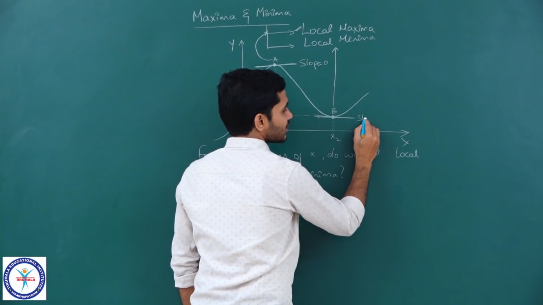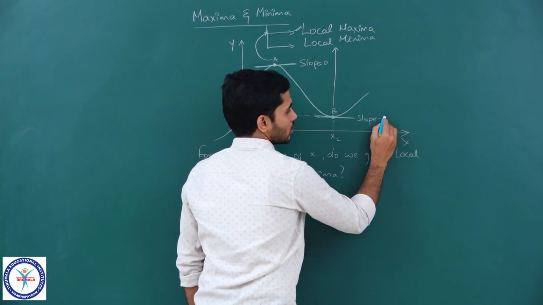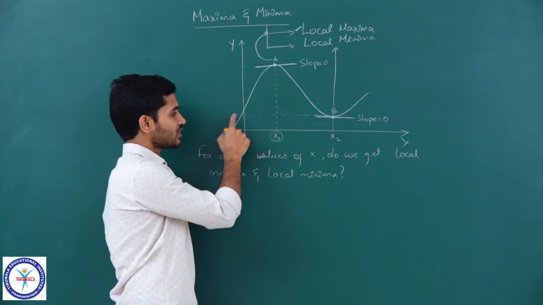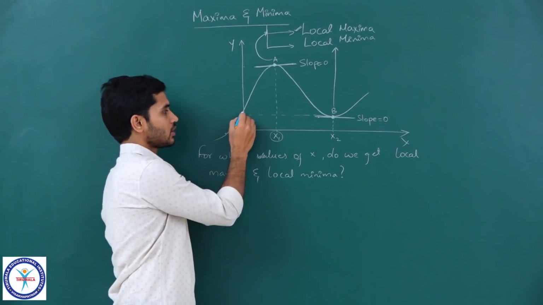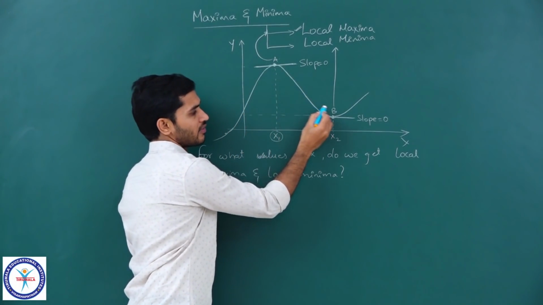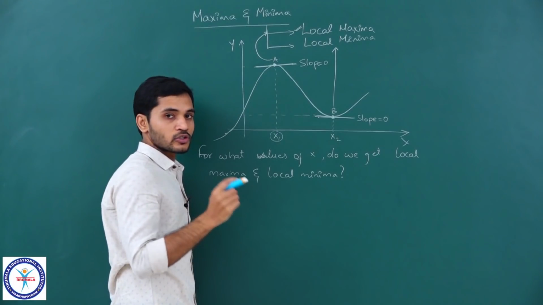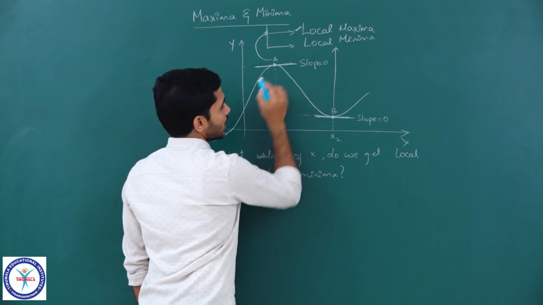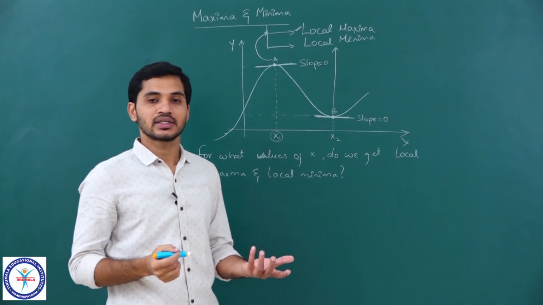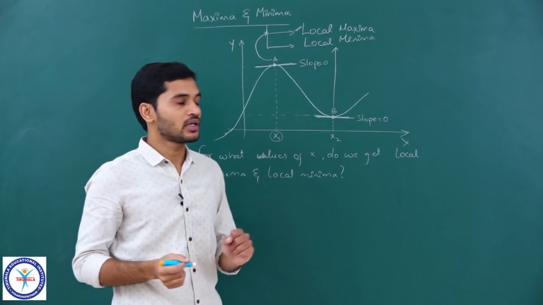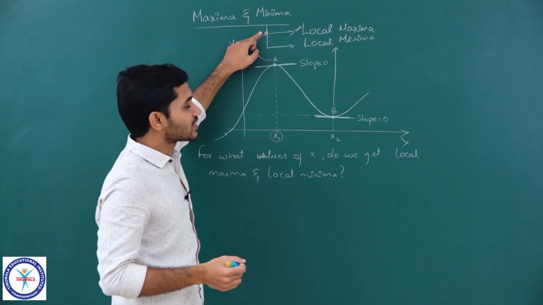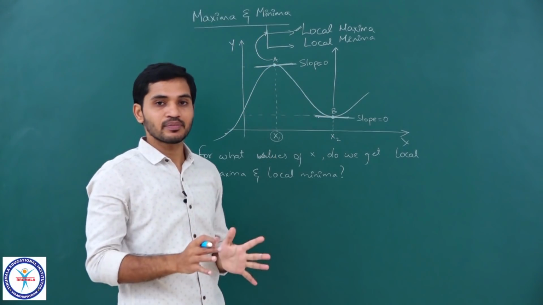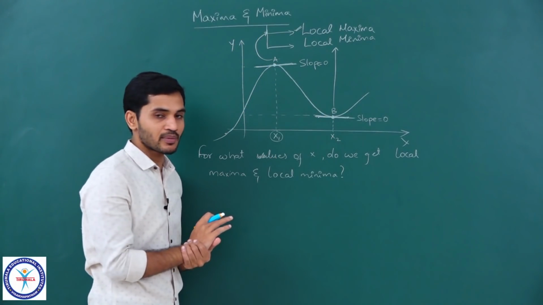Even here I can say that the slope is 0. Now think, is the slope 0 anywhere else? Is the slope 0 here or here? No. Everywhere else the slope is not 0. The slope is becoming 0 either at minima or at maxima. That is the concept which we will be using to identify local maxima and local minima. Very simple concept, nothing to worry about.